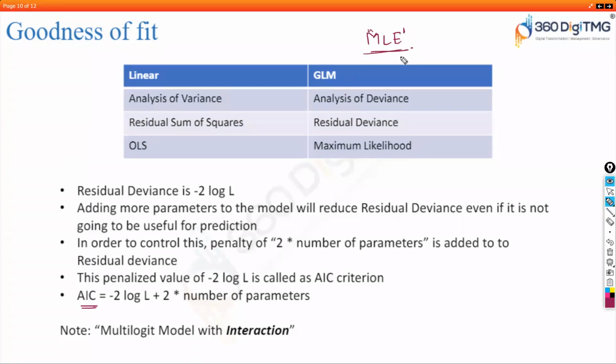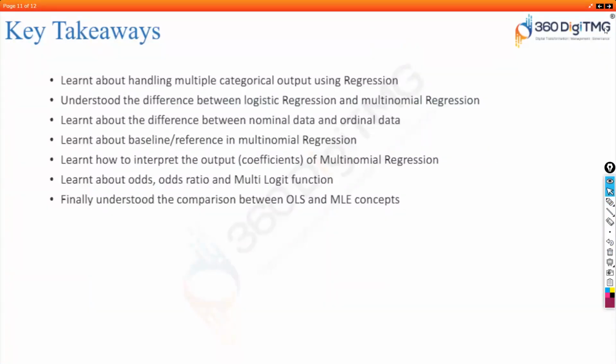For the linear model, we use analysis of variance, residual sum of squares, and the ordinary least squares technique. Here we use residual deviance and maximum likelihood estimation. But what is maximum likelihood estimation?